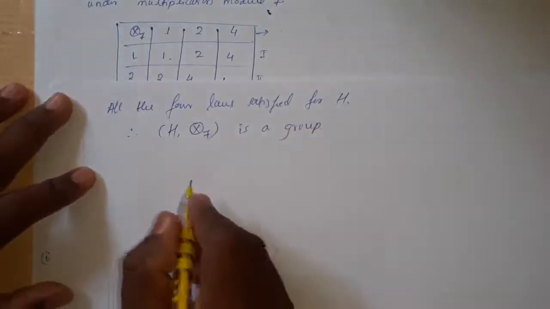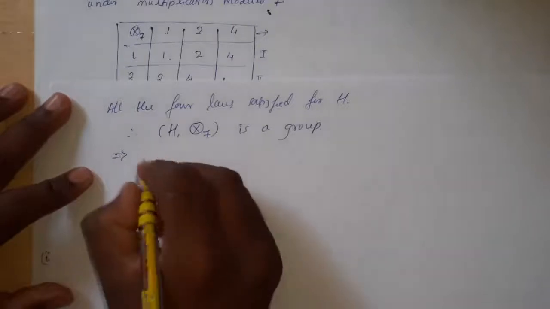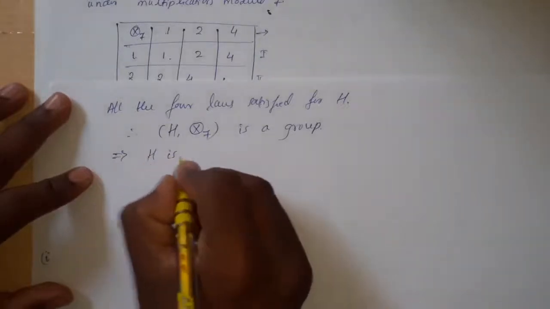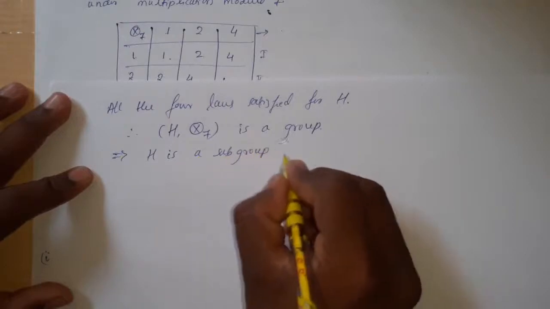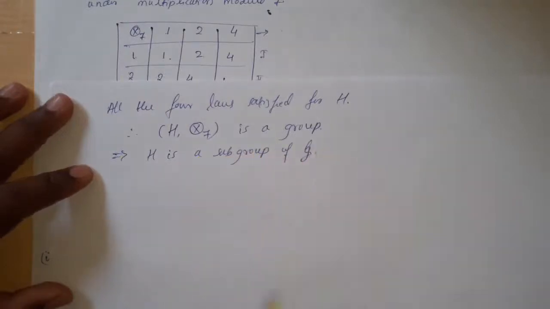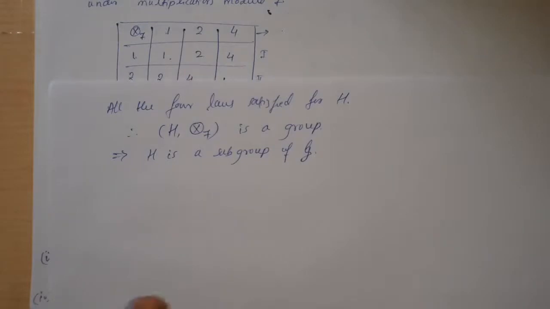So if it is a group, it implies H is a subgroup of G. So therefore, it is our conclusion, all the 4 laws satisfied. If 4 laws are satisfied, then the set for which 4 laws are satisfied is a group. So if it is a group, then that becomes the subgroup of the given group.